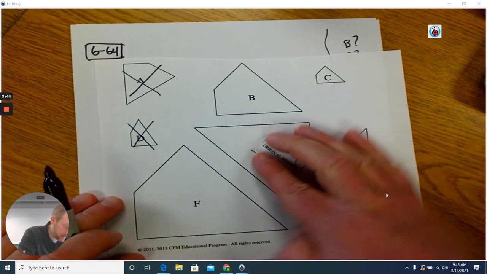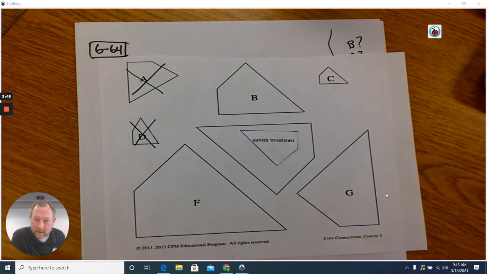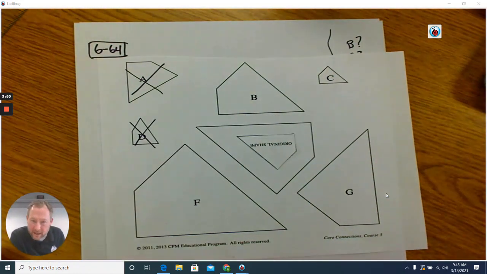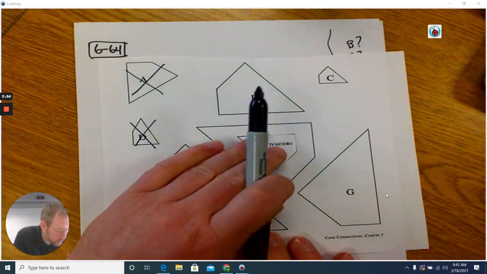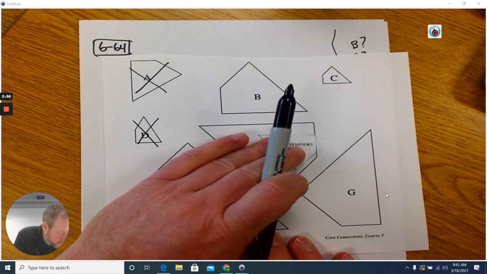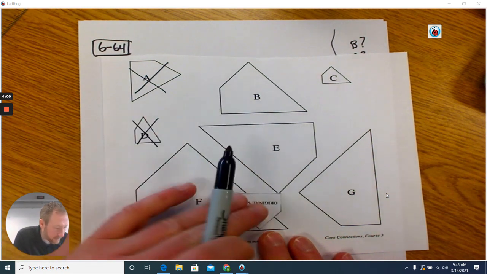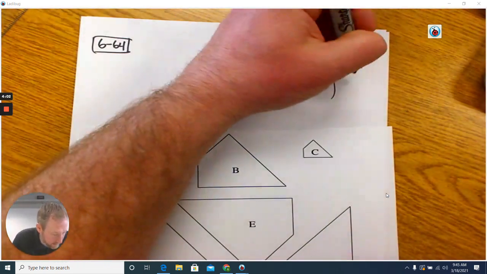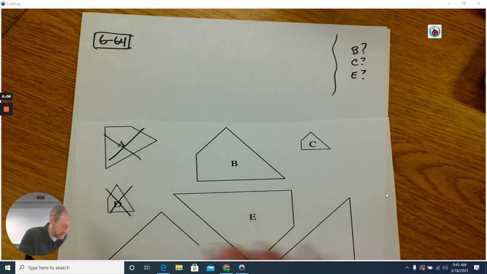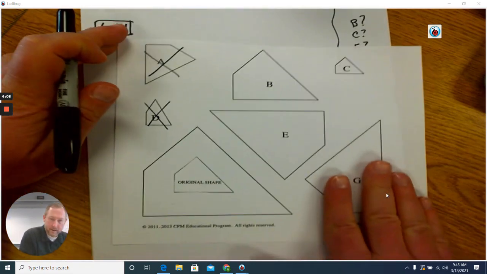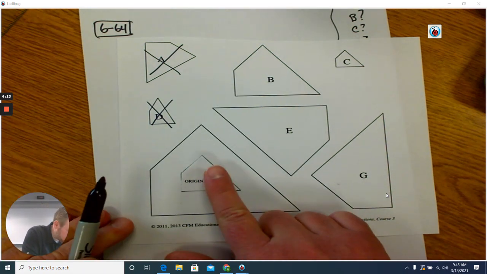E, again, I got to orient it the right way. So notice I had to rotate it. Notice that they just look the same. This just looks smaller than this one. So I move it up, perfect match, perfect match, perfect match, perfect match. So I'm thinking E is a good one. F, again, got to orient it right. So I had to turn it back around. Again, they look the same.